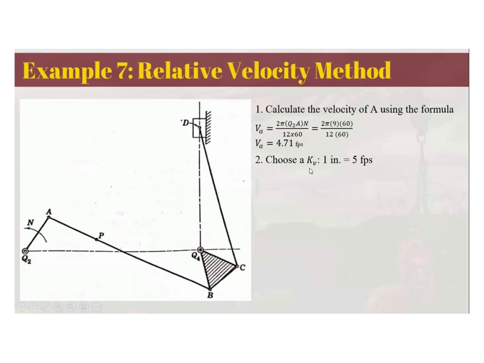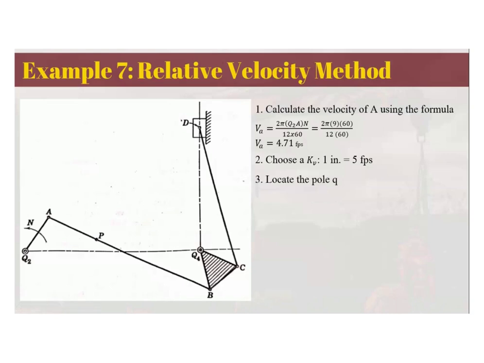But for the velocity scale, you have different scaling, and that is 1 inch of the velocity in my drawing is 5 FPS. That is why my 4.71 FPS is basically 4.71 divided by 5 inch in my drawing.